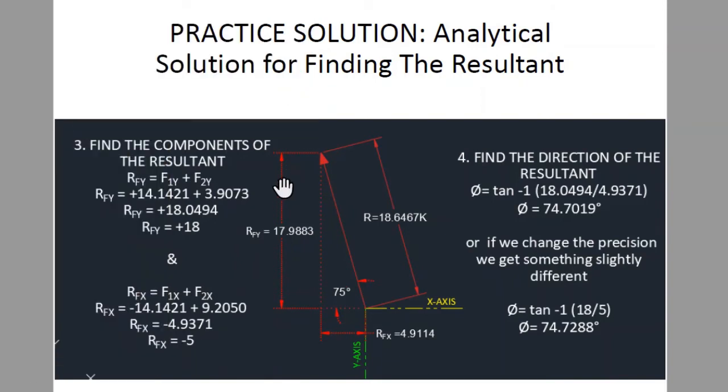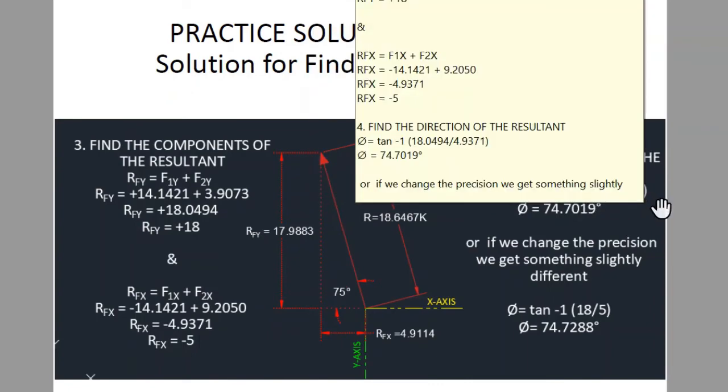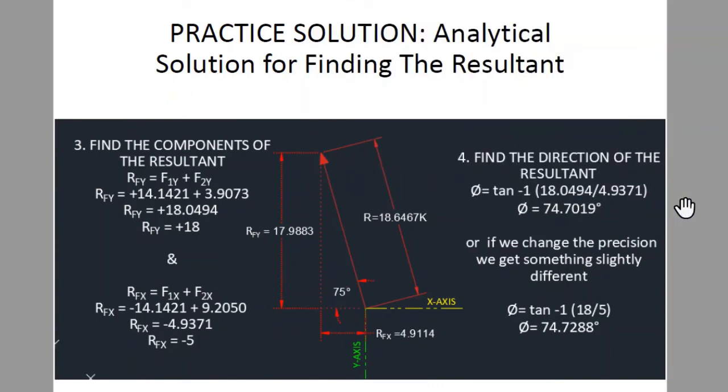Once we have found the Ry and Rx components of our resultant, we can now find the direction of the resultant by using the inverse tangent function of 18.0494 divided by 4.9371, and we find that our theta would be equal to 74.7019.